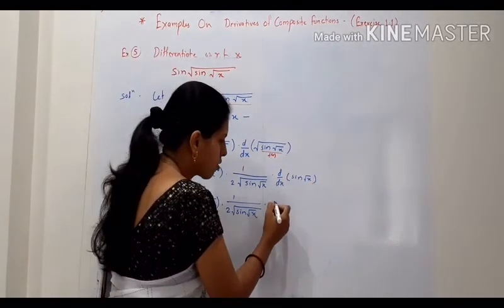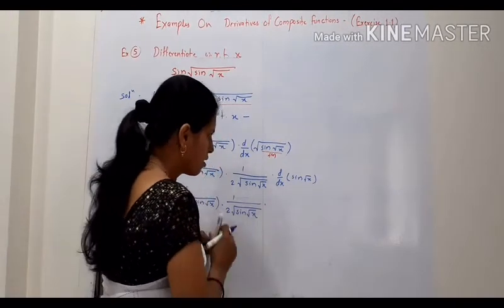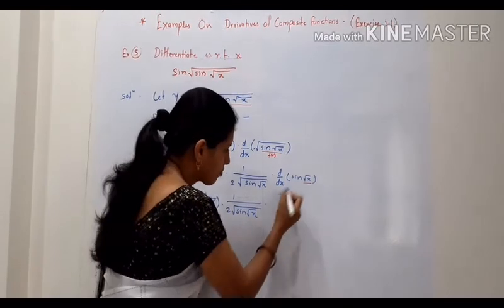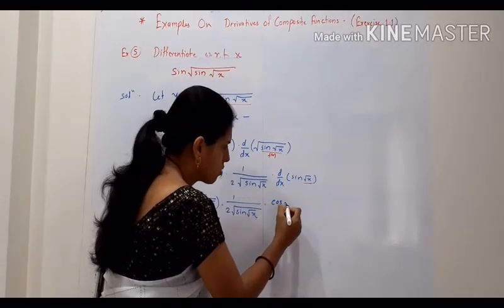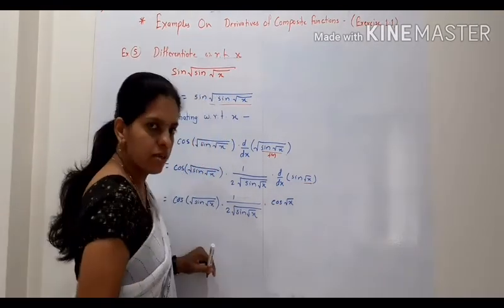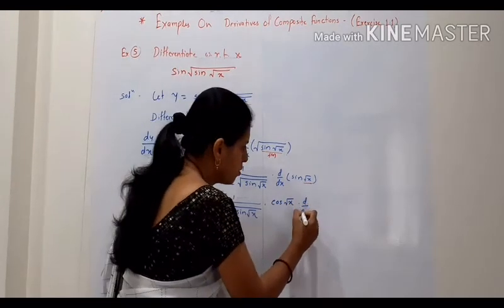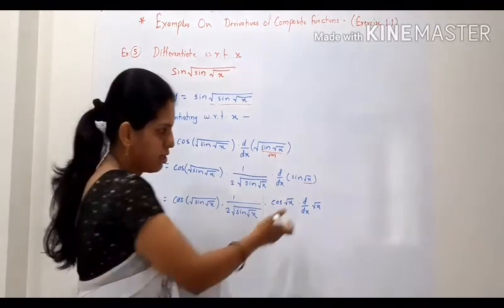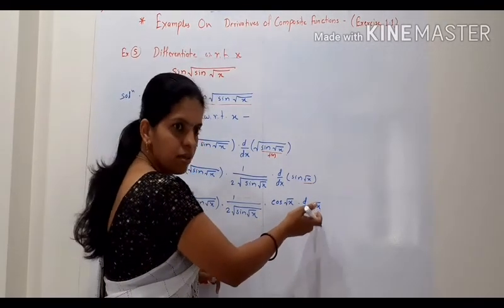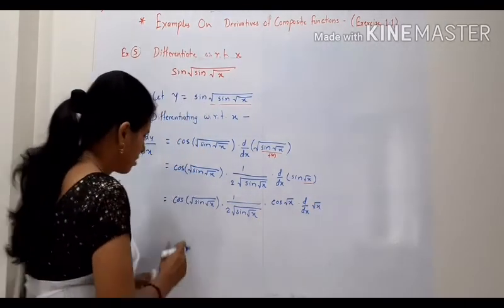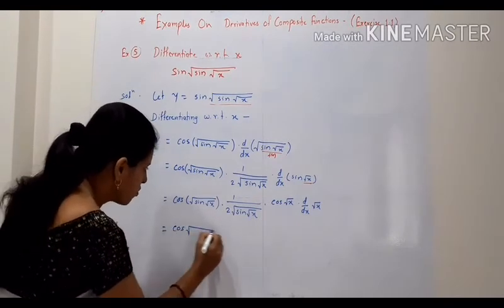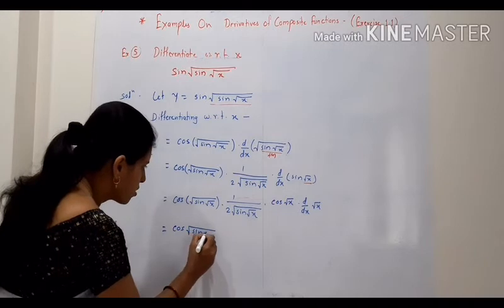So using the formula of sin fx, treating this as a fx now, it is now cos fx, that is cos of root x multiplied by derivative of root x. In the next step, now it is a simple function root x. Take the derivative of this.